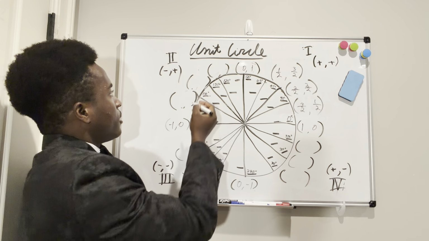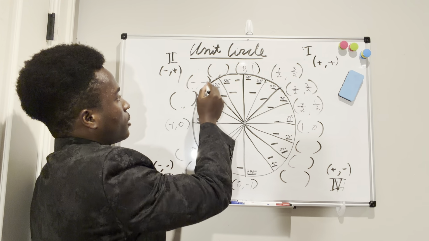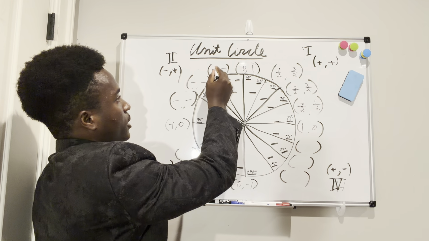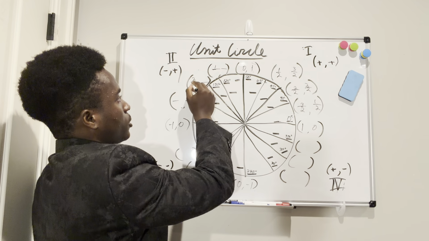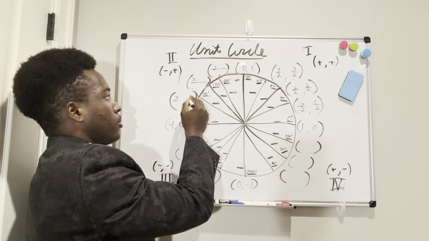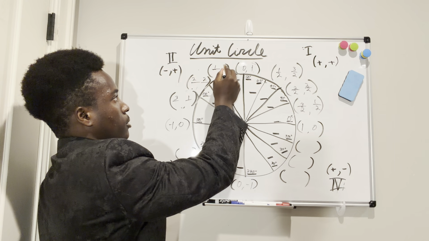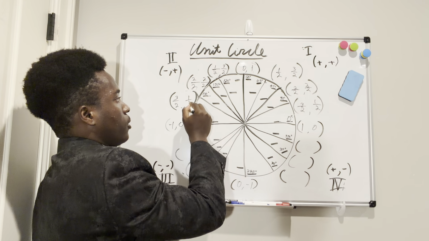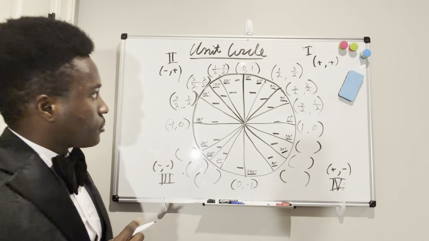Same thing with this side. We go down 1, 2, 3, then we go up for the y coordinate, 1, 2, 3, while our denominators are 2 on every single fraction.